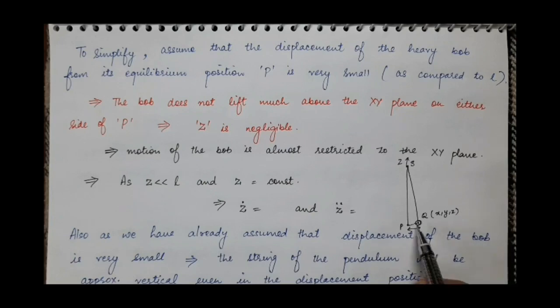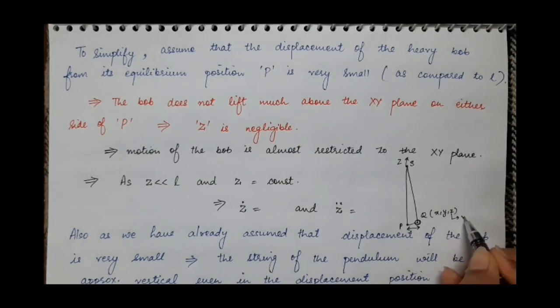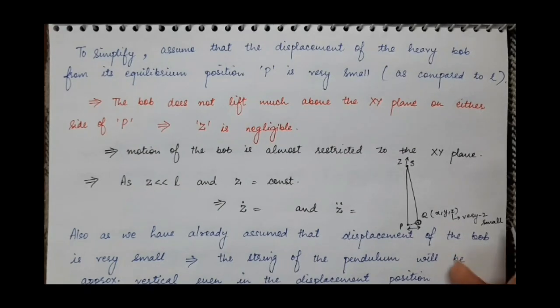But as the displacement of this heavy bob from its equilibrium position is very small, this point Q will lie very close to the xy plane. It means the value of the z coordinate will be very small. It is so small that it can be neglected. It can approximately be taken as 0.